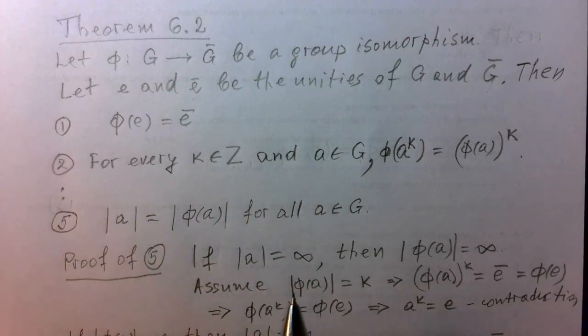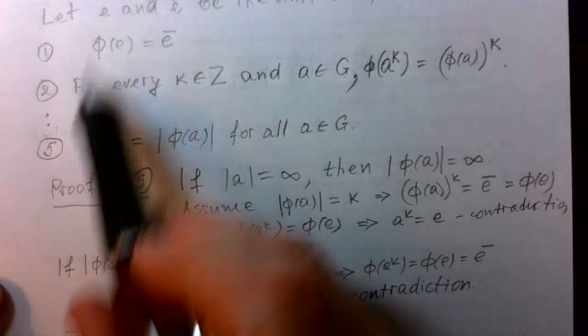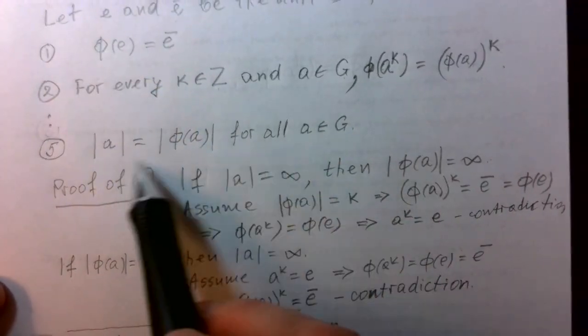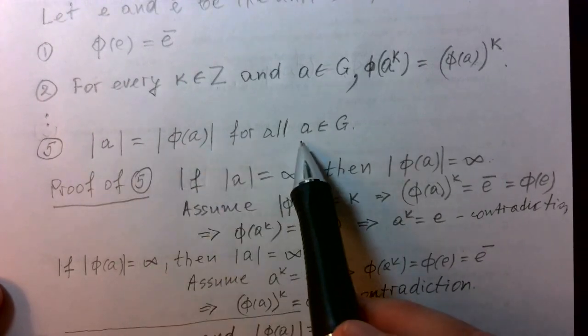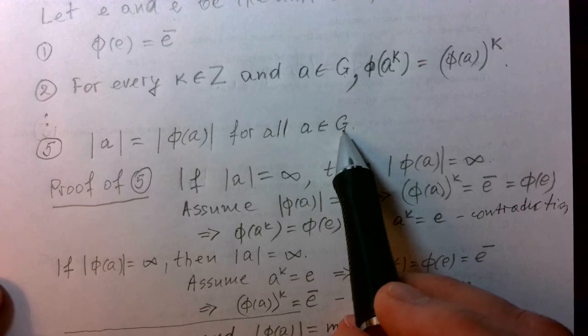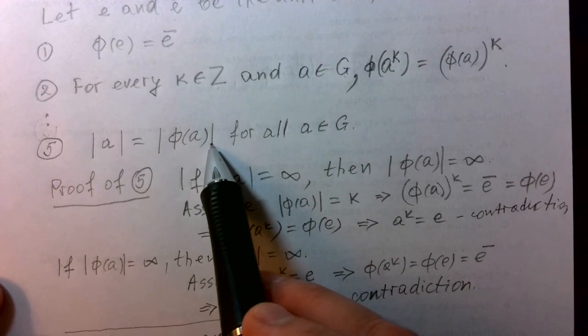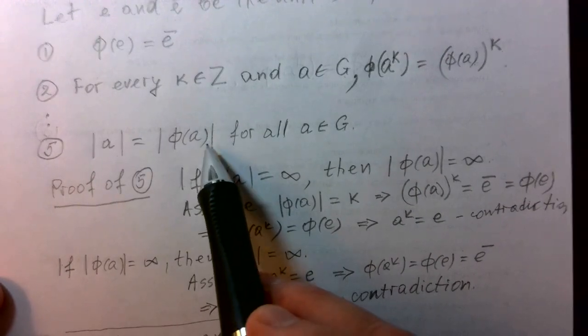So our goal is to prove property 5, which is one of the most important properties of this theorem. And it says this: for all elements a in G, the order of a is equal to the order of phi of a.